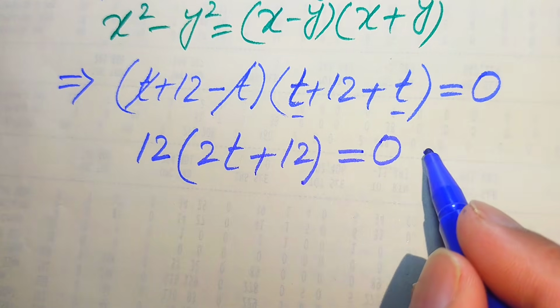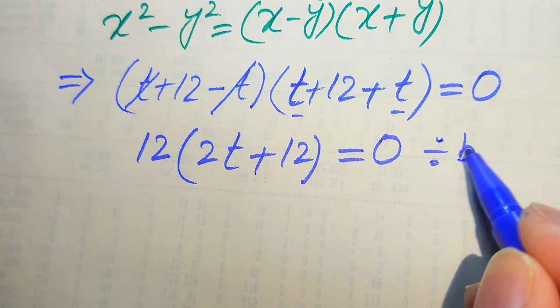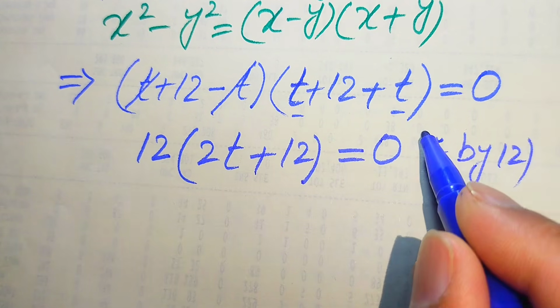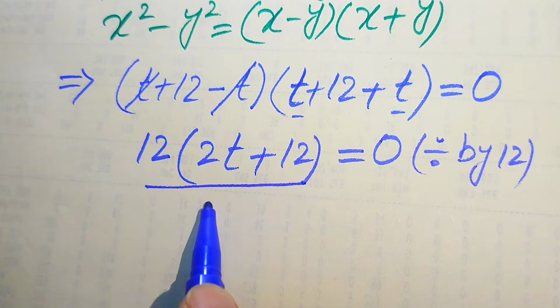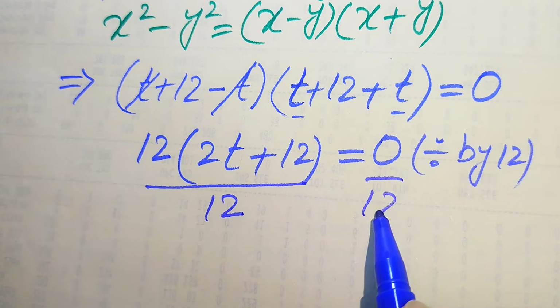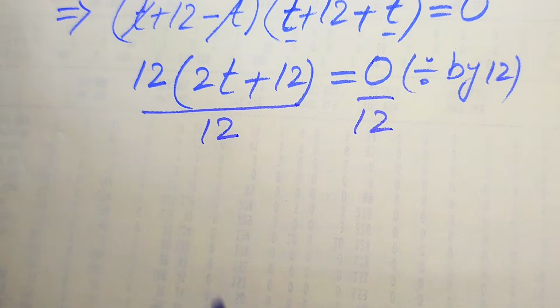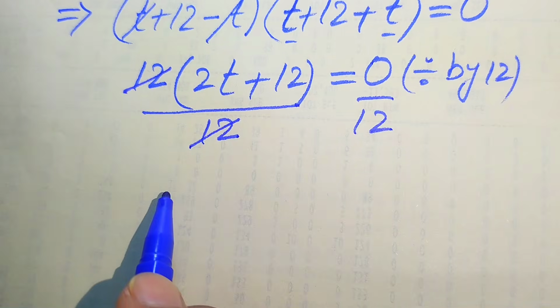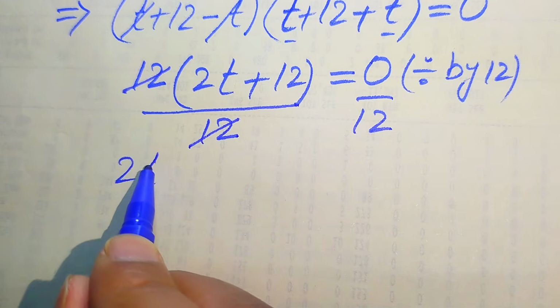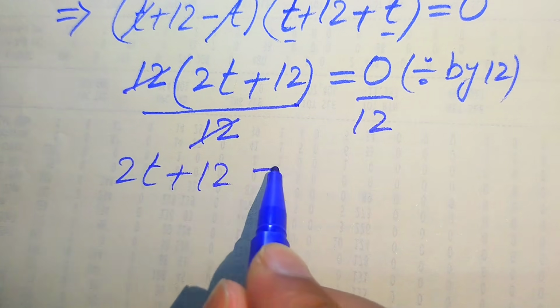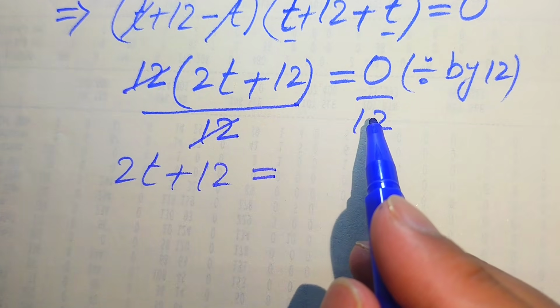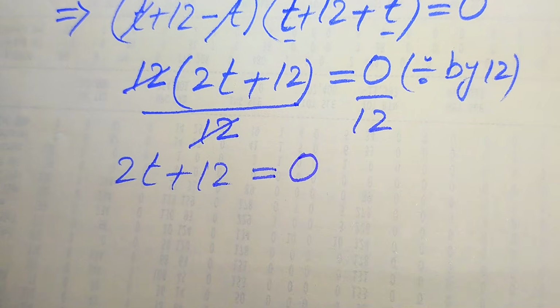So further, in the next step we need to remove this 12 from here, so we divide both of the sides by 12, and it will be written in this form. Further, this 12 and this 12 are gone, and we obtain 2t plus 12 is equal to 0 divided by 12, which is equal to 0.